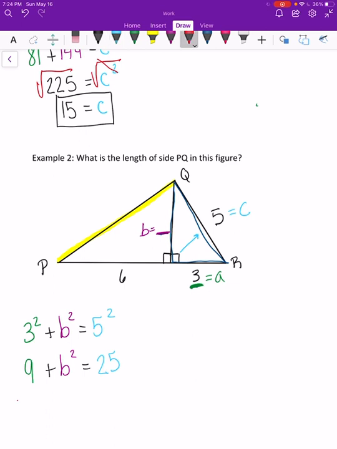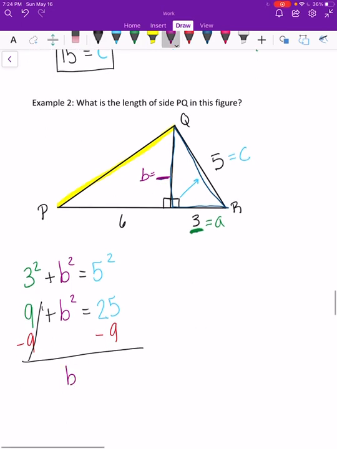This is a positive 9, so we subtract 9 from both sides. Now we have b squared equals 25 minus 9, which is 16. Just like we did above, to get rid of the squared, we take the square root of both sides, and the square root of 16 is 4. So b equals 4. That's not our answer yet, but b equals 4.